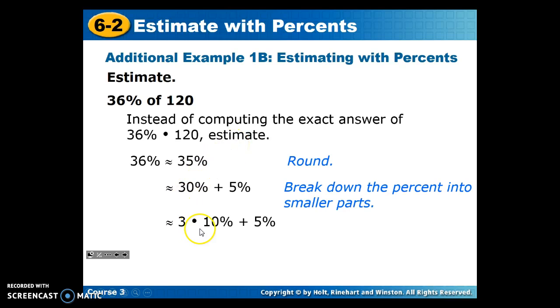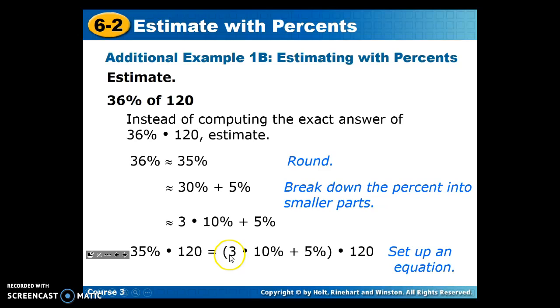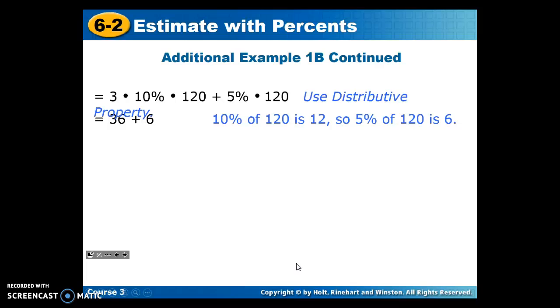So I need 3 12s and then one more 5%. 3 times 12 is 36, plus 5% would be half of that, which is 6. So 36 plus 6 would be 42. 42 is our answer.